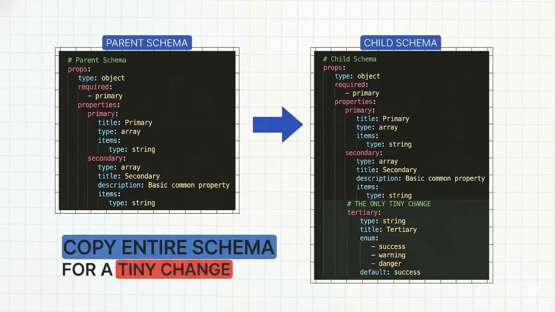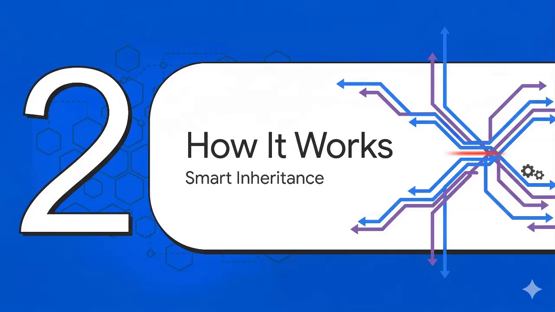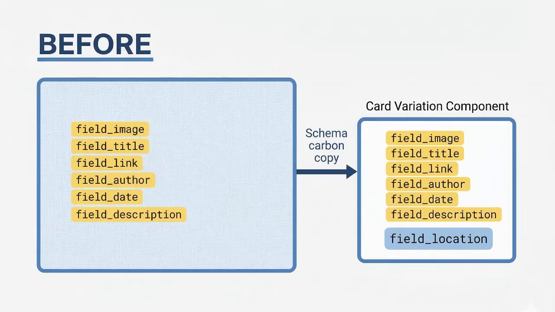So the magic of this module is how it completely changes that workflow, moving you from that manual, error-prone copy-paste job to a much more intelligent, automated process. Let's look at a really clear before and after to see exactly what I mean. First up, this is the world without the module installed. We've got our replacement component, and to make it work, we've had to go in and manually copy the entire prop schema from its parent.